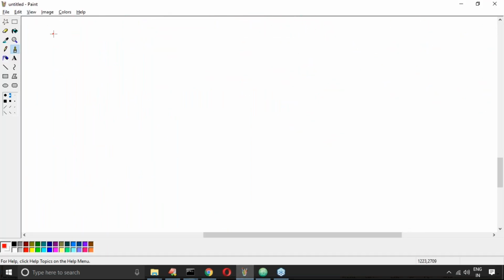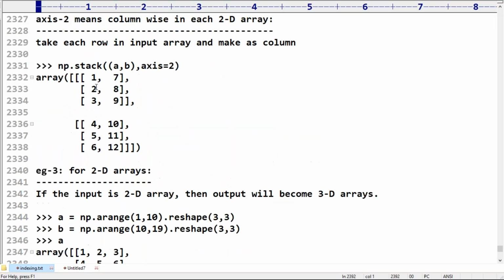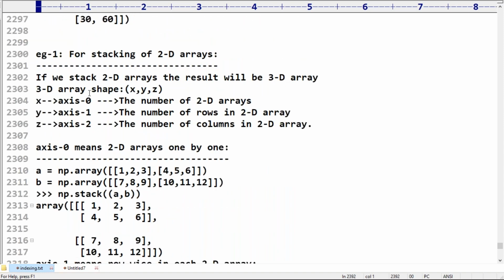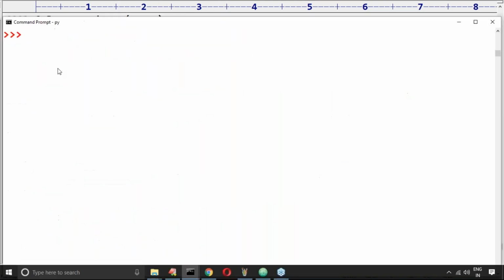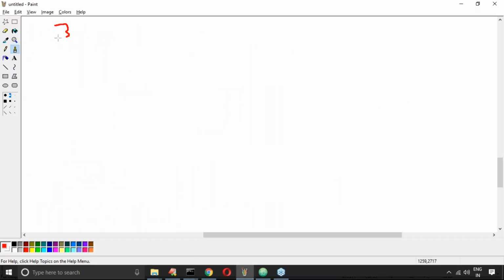We took example 2. In example 2, we took two 2D arrays of shapes 3 by 2, 3 by 2. First one is 3 by 2, second one is 3 by 2.